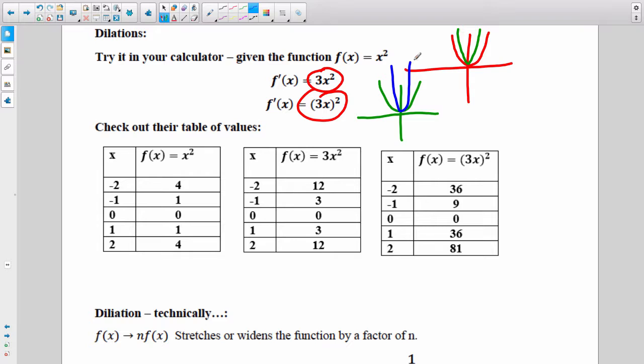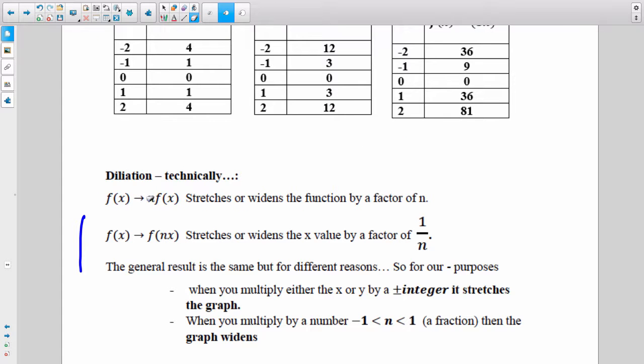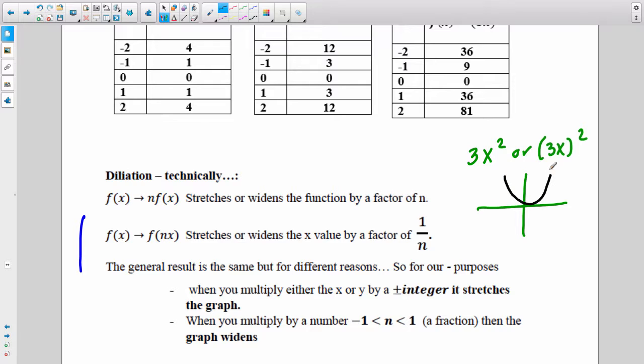So here are some definitions for you to look at. If you put a multiplier on the outside, it stretches it by a factor of n. And if you put a multiplier on the inside, it stretches it by a factor of 1 over n. So here's the idea. If you have, just in general, something like 3x squared or 3x all squared, your graph is going to start like this, and it's going to end up thinner.